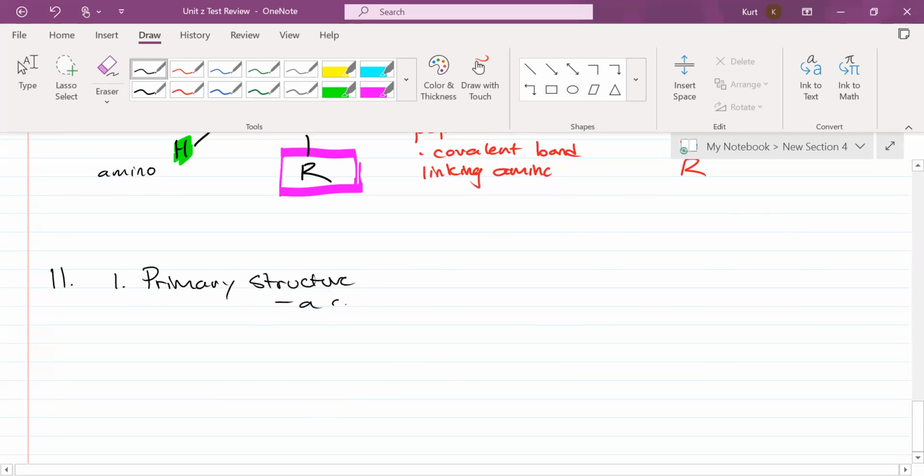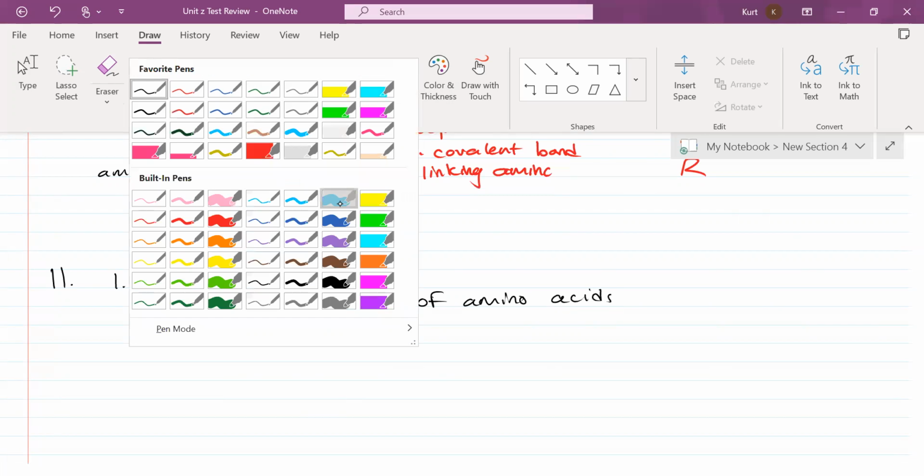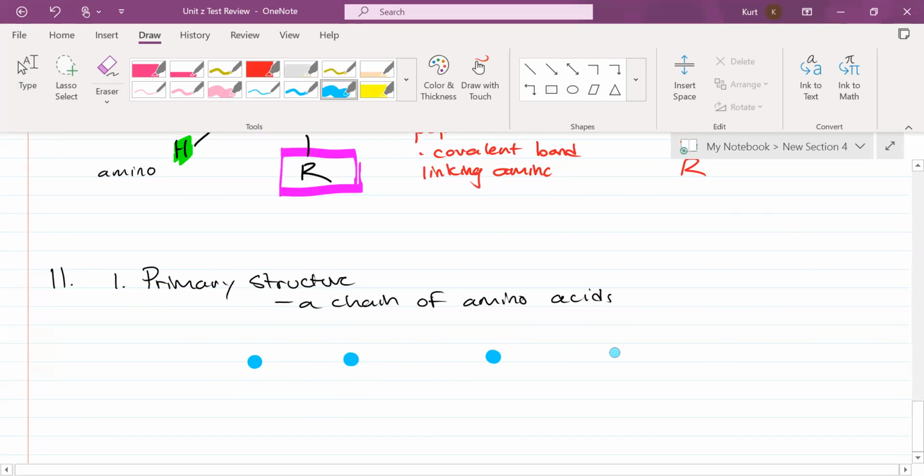This is just a chain of amino acids. I mean, seriously, it looks like this. Every different color I'm using is a different amino acid.